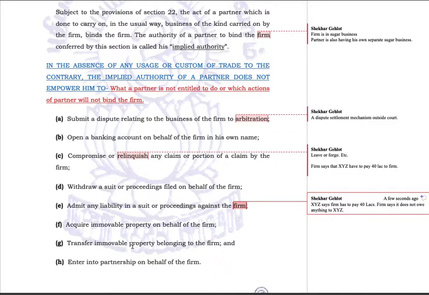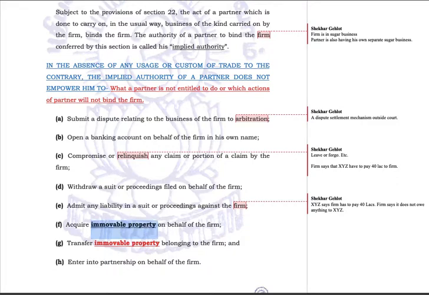Only immovable property, that means he can sell the movable property. The restriction on implied authority is only for immovable property.